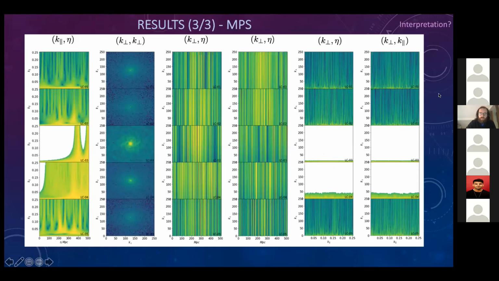But really trying to interpret these is the tip of the iceberg. So these are slices of the entire data cube. And I think it's quite easy to say that this is a bit of a mess to try and interpret. But there is a lot of information encoded in these.